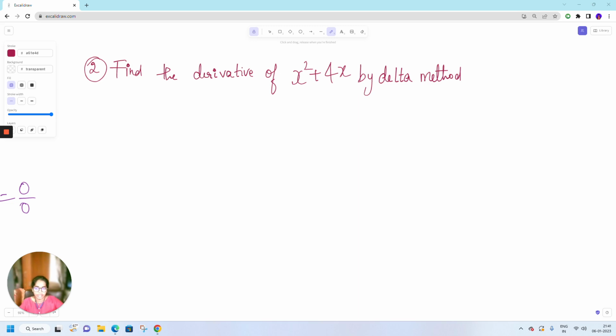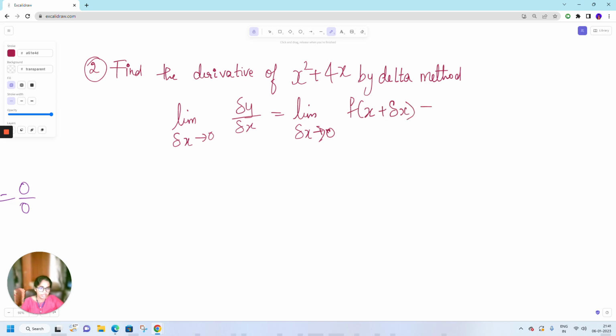Firstly, let me write down the formula, that is limit del x tending to 0 del y by del x is equal to limit del x tending to 0, f of x plus del x minus f of x divided by del x.